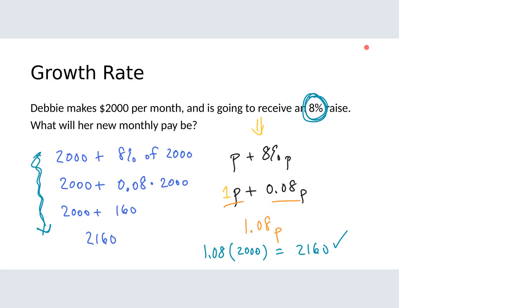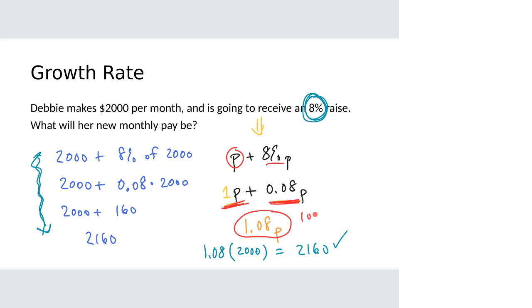Please let me know if that doesn't make sense. It's going to be really helpful going forward if that feels comfortable for you. And how we got there was we said, well, here's her old pay. If we add on 8%, then we've got one whole salary. Add on 0.08. Now it's 1 plus 0.08. That's 1.08.